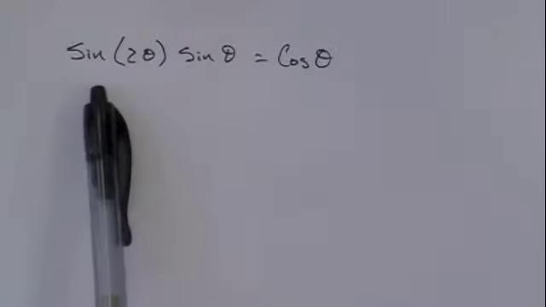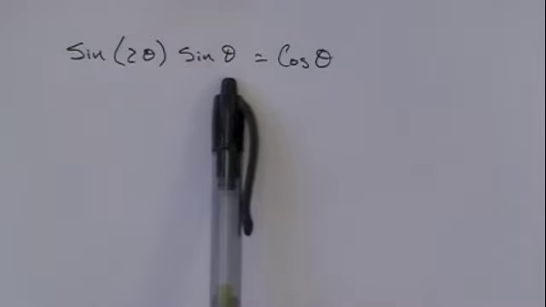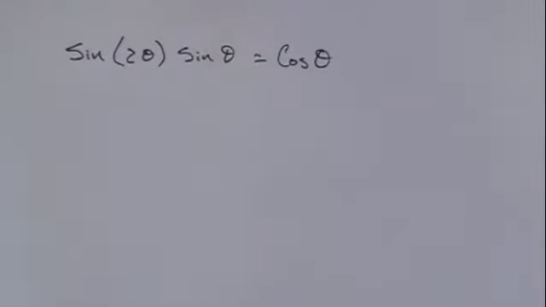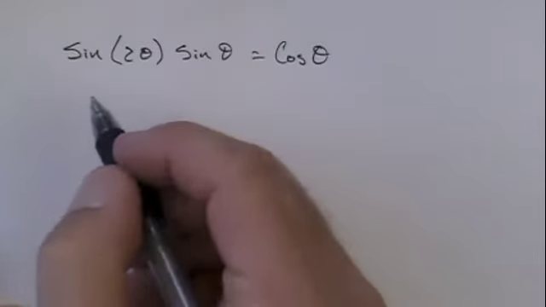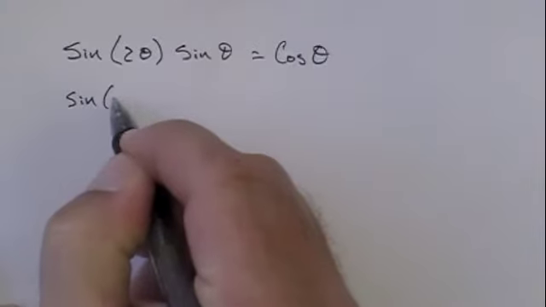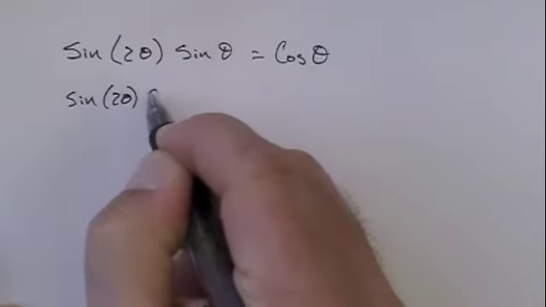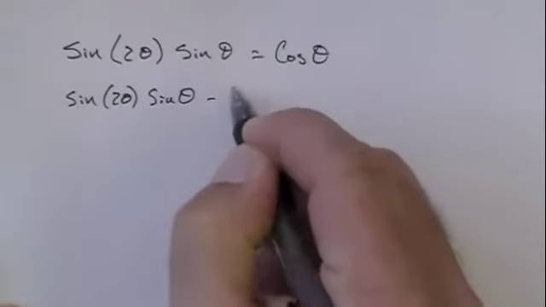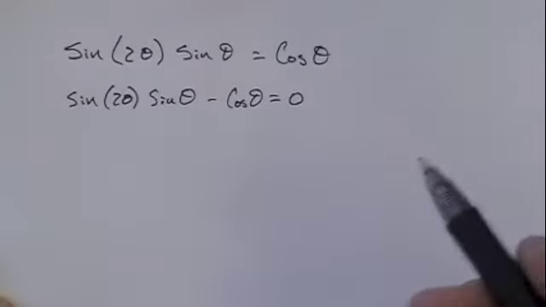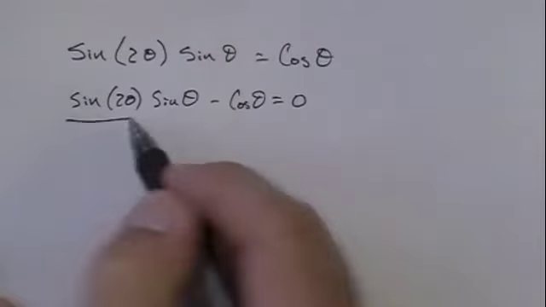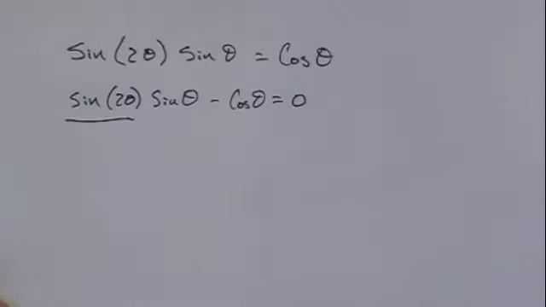In this example, we have sine of 2 theta times the sine of theta is equal to cosine of theta. Again, solving here, we're going to set this equal to 0. So now we have sine of 2 theta times the sine of theta minus cosine theta equals 0. Something else we can use when solving these is the identities, and we can substitute some values in.